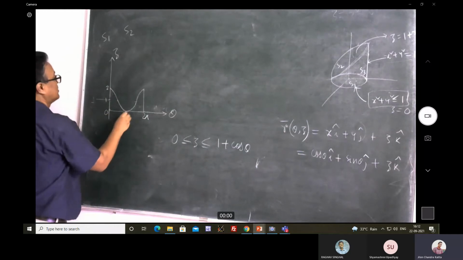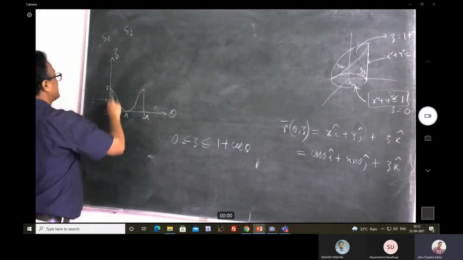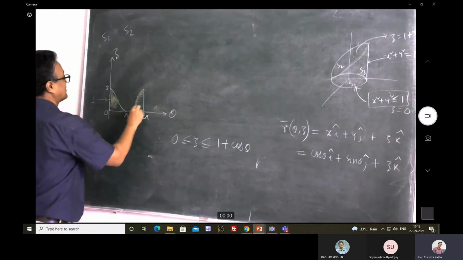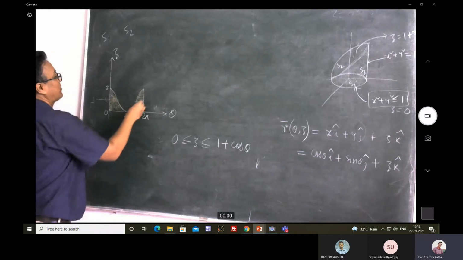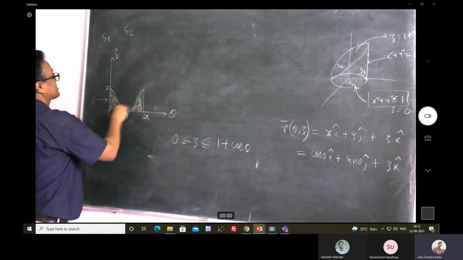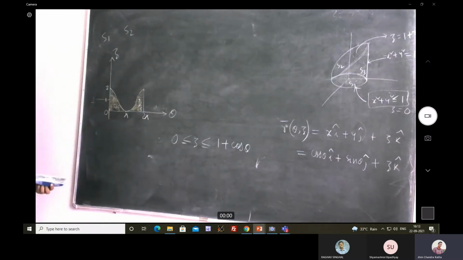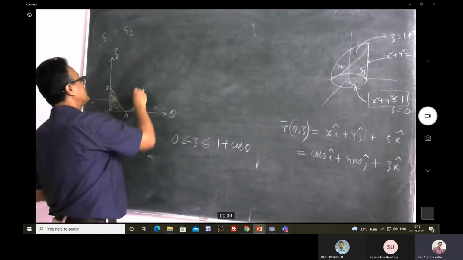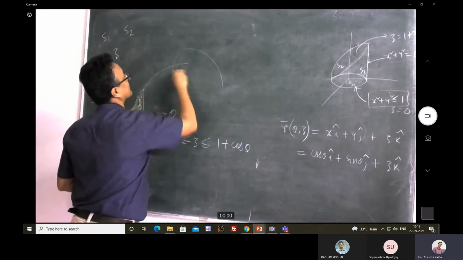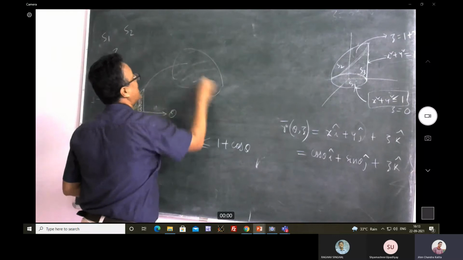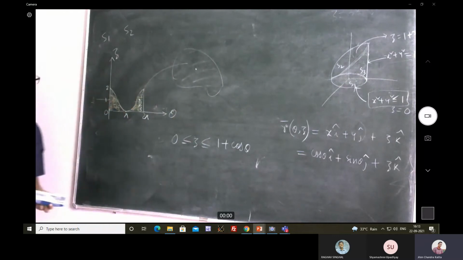So what is happening now? Your D, basically D3, this is the shaded portion. The shaded region is going to be all points theta, z here, which are mapped onto those points lying on that surface. Are you getting my point? So my situation is going to be like this now.